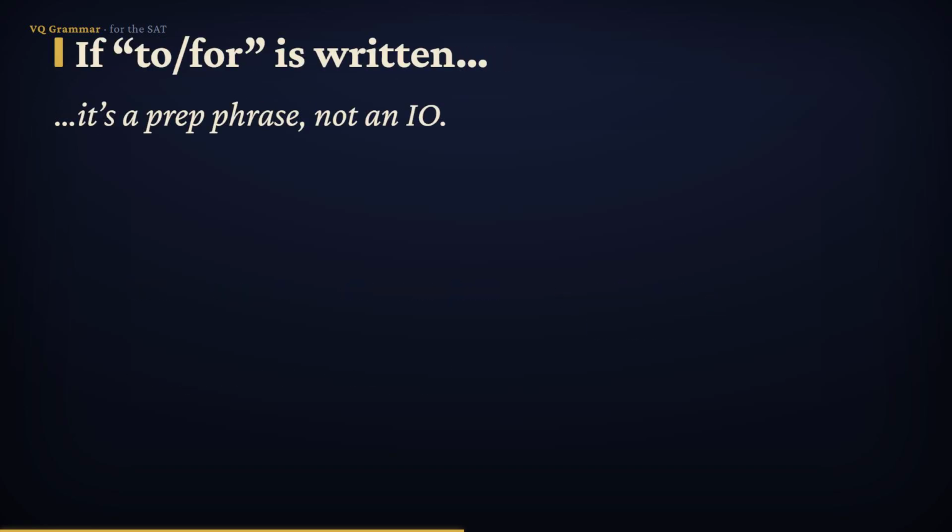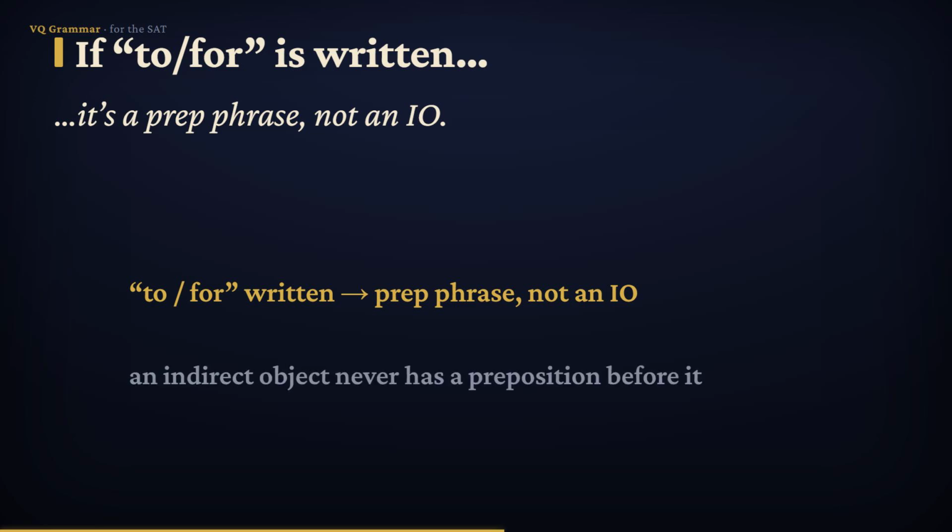And here's the key for indirect objects. If the to or for is actually written, like baked a cake for Theo, then it's a prepositional phrase, and Theo is no longer an indirect object. An indirect object never has a preposition in front of it.